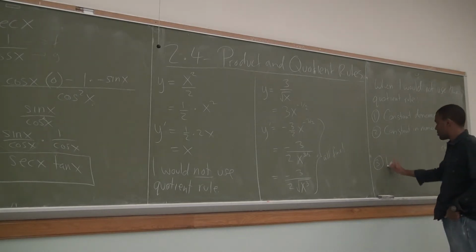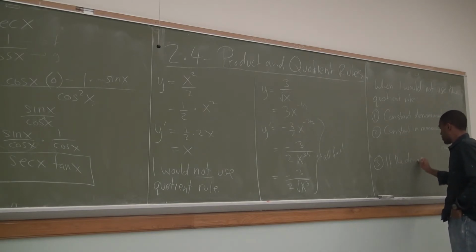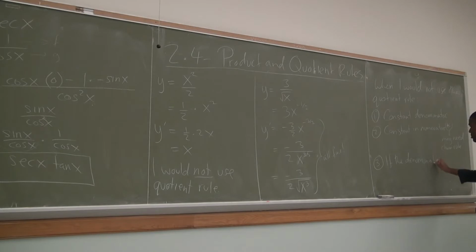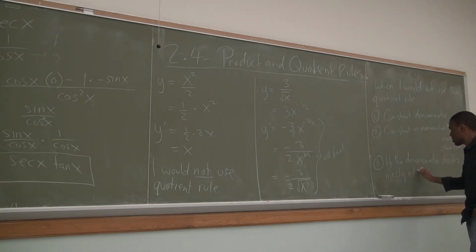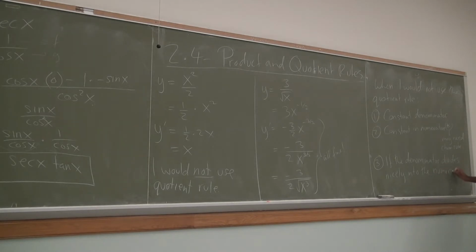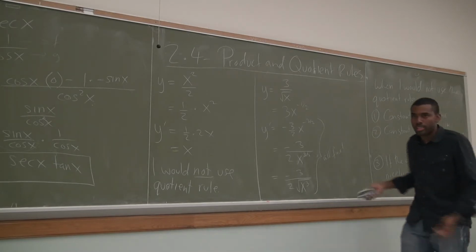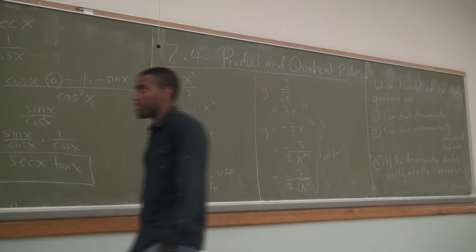Basically, if the denominator divides nicely into the numerator, I wouldn't use the quotient rule. I'll just simplify and divide the denominator into the numerator.